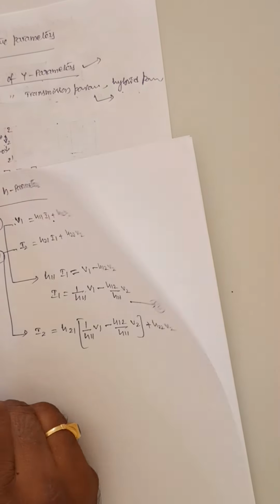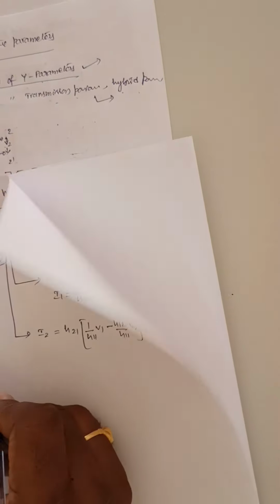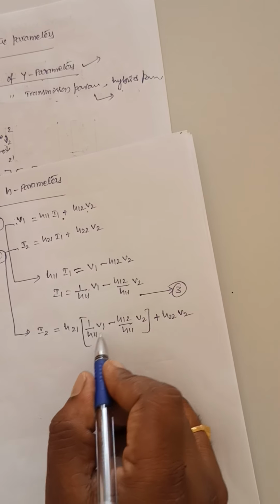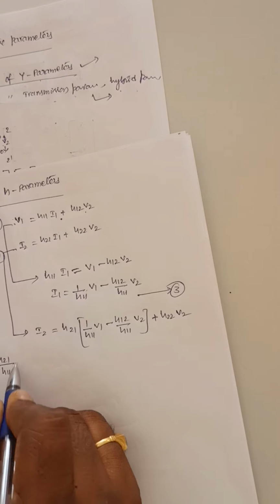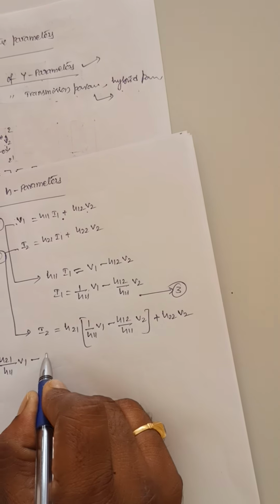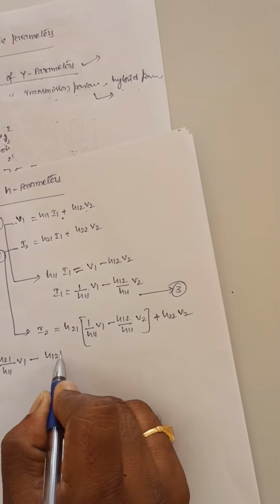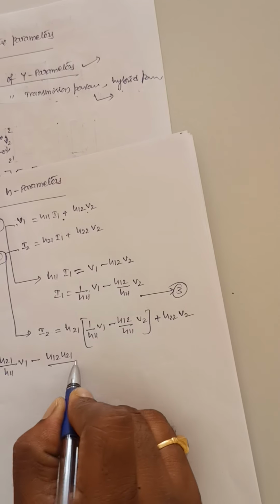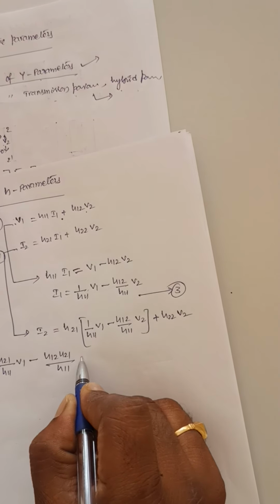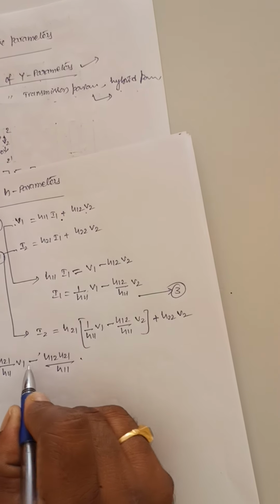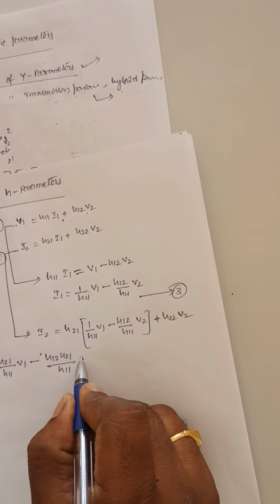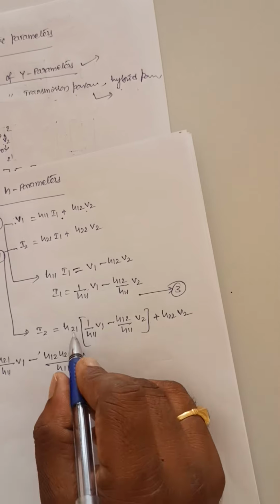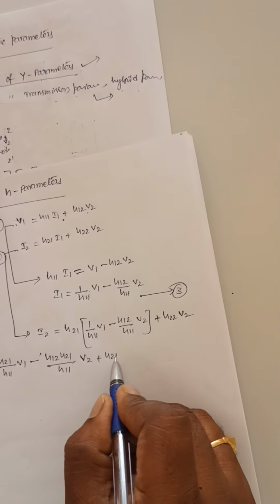Now I2 is equal to: this is a V1 coefficient, so take common H21 divided by H11 into V1, minus H12 into H21 divided by H11 into V2, plus H22 into V2.